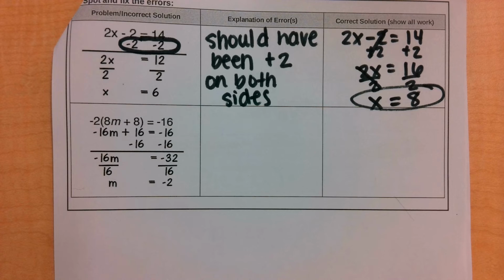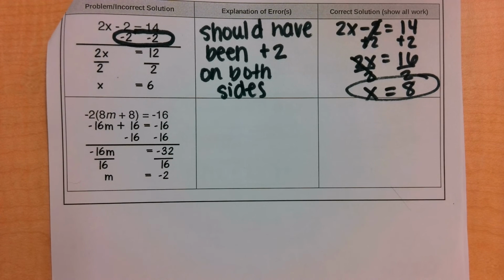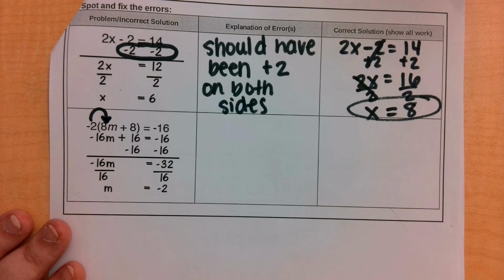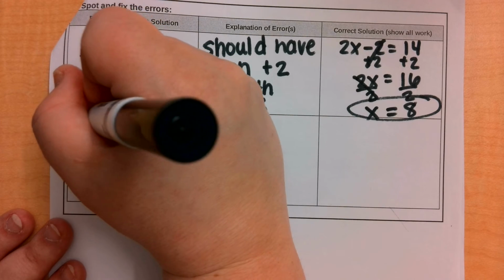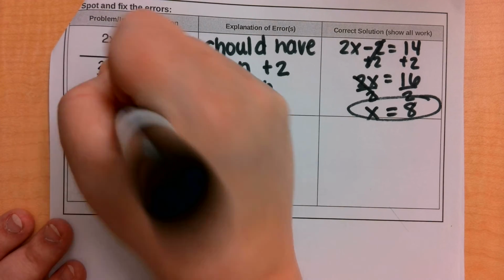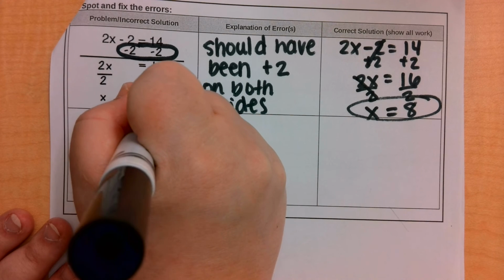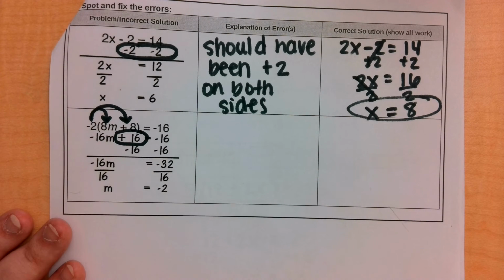All right, next one. All right, they don't divide first. They use the distributive property. So negative 2 times 8m is negative 16m. Negative 2 times 8 is positive 16. All right, this is where they made their mistake.